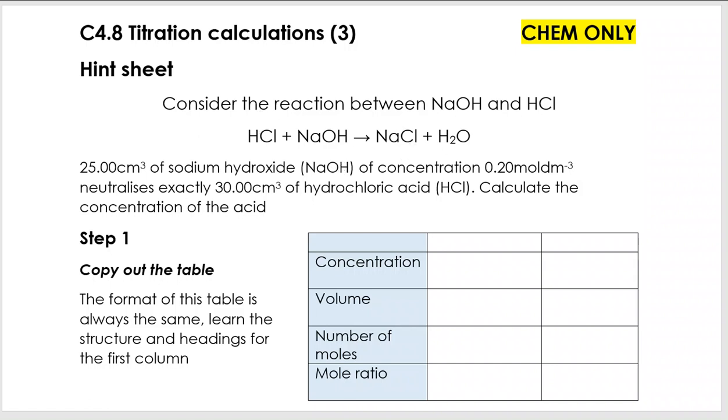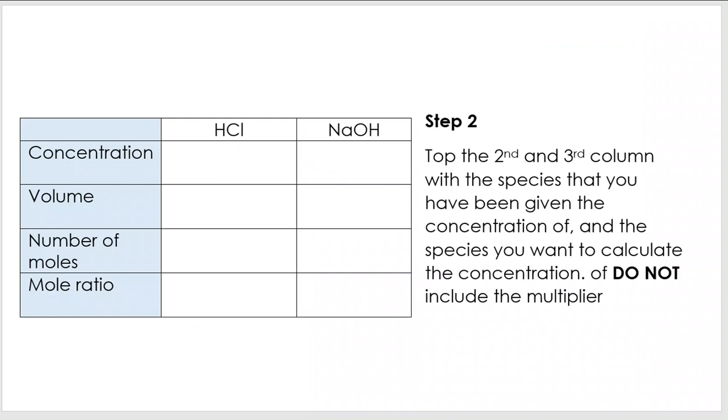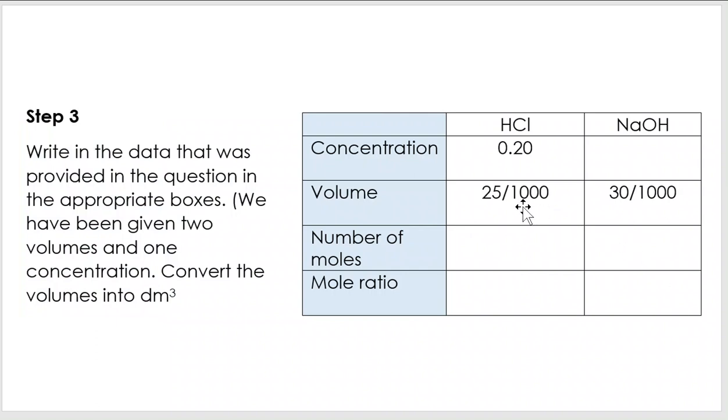You start off by drawing out this table. This never ever changes. You then put the species in that you want to know about and the one that you have the information about. And then you can start to put in everything that the question tells you. So we were given our 2 volumes, I've converted them to decimeters cubed, and we were given the concentration of HCl.